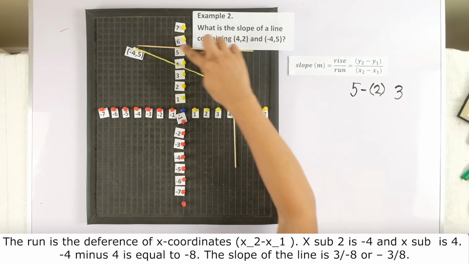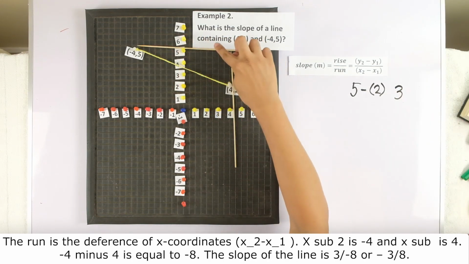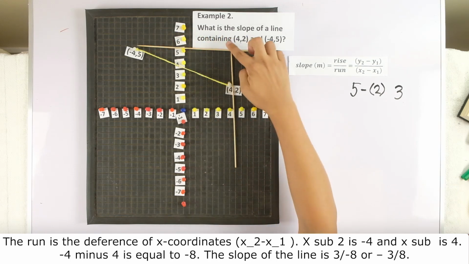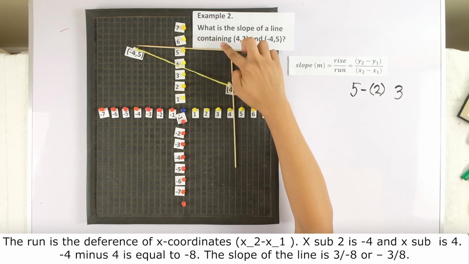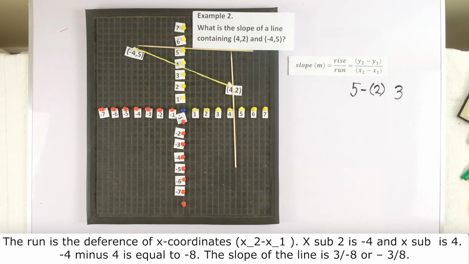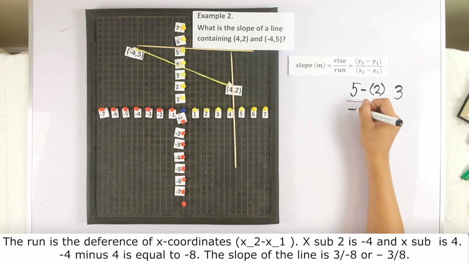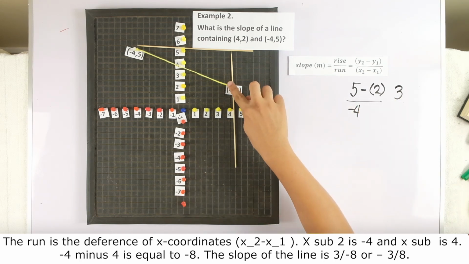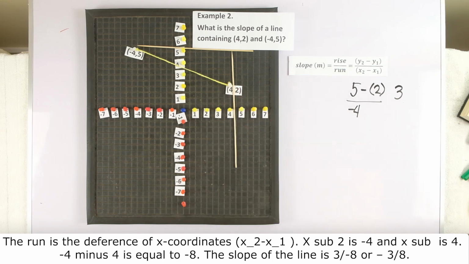The run is the difference of x coordinate, x sub 2 minus x sub 1. X sub 2 is negative 4, and x sub 1 is 4.